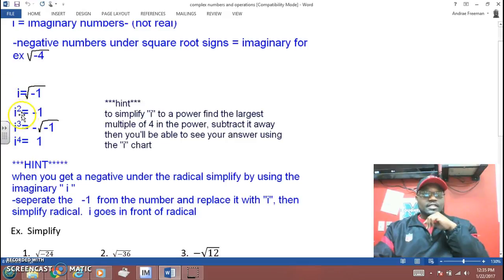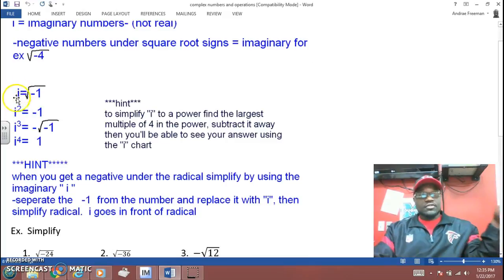Each one of these basically repeats in the cycle. 1, 2, 3, 4. And then once I start off with 5, like i to the 5th, it'll start right back up here. i to the 6th, i to the 7th, i to the 8th, i to the 9th, i to the 10th, i to the 11th, i to the 12th. You get the same pattern over and over again.